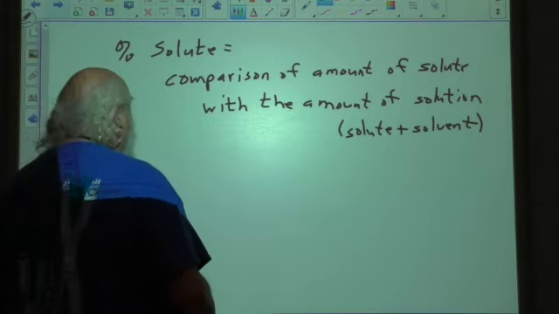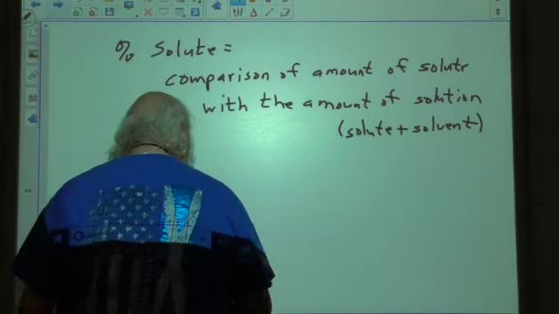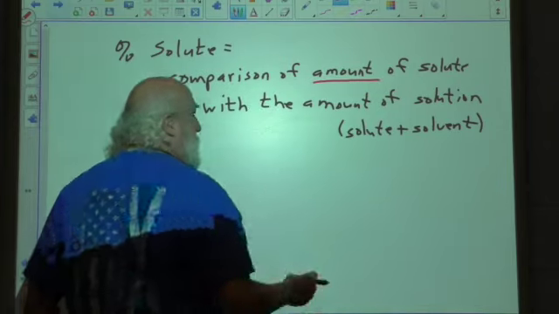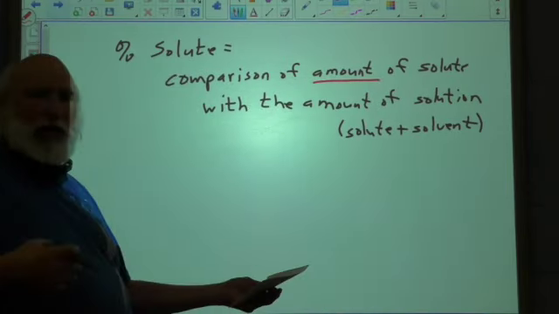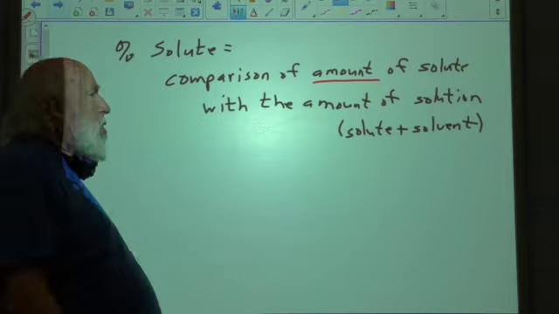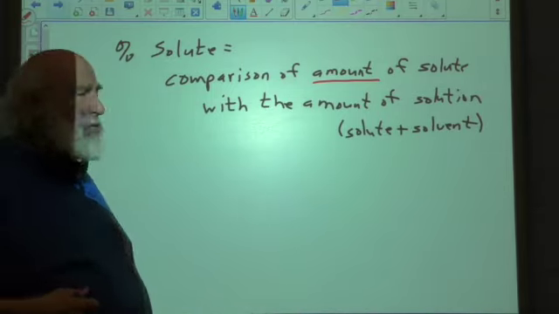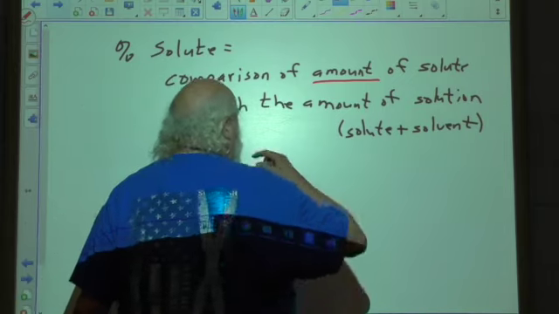And so the equation for that is, now when I say amount, I mean it's mass or volume of liquid. We're going to be talking about masses, but it could be applied to volumes of liquid as well. But we're not going to have problems like that.